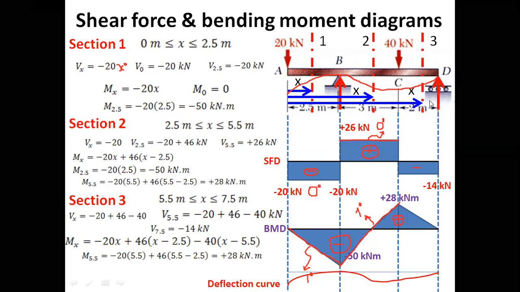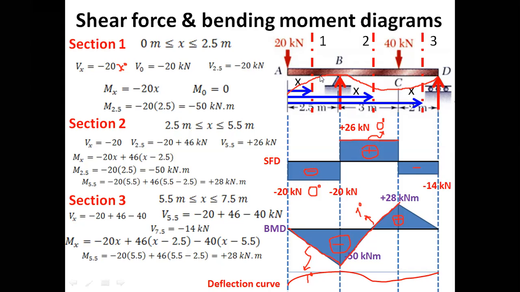So if now we compare this deflection with our bending moment diagram, here the bending moment is negative. So we are expecting that the concave would be down. If you look here, this is the beam bending. The concave portion is down.